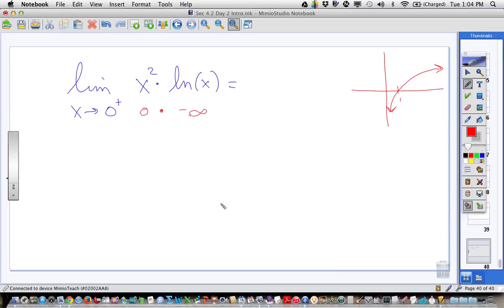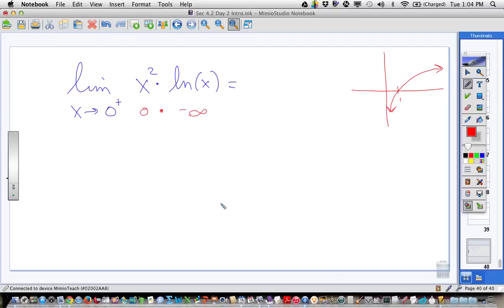Now let's talk about a little introductory stuff here. You see the 0 from the right. Well, you might not even pay attention to that in the beginning. You just plug in a 0, right? 0 squared is 0. What's ln 0? It doesn't exist, right? ln 0 doesn't exist.